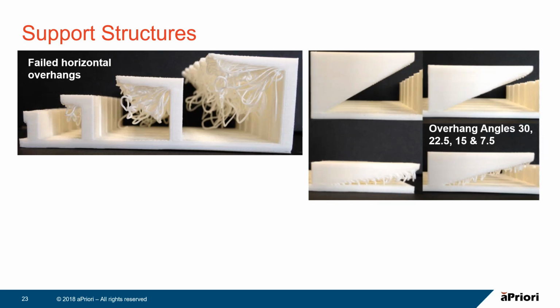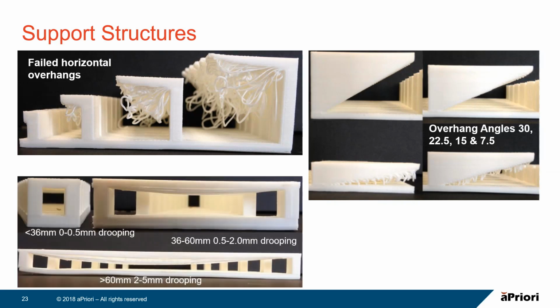But as you go down to 30, 22.5, 15, and 7.5, as this image shows, you start getting problems on the underside edge of the overhang. And it's a similar thing with bridges. You get drooping as the spacing increases between them. These images are for fused deposition modeling, but the principles apply to any additive process that uses support structures. So hopefully that makes a little sense of why we use them.